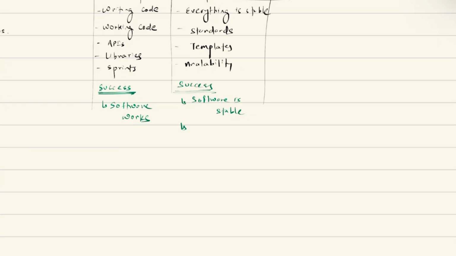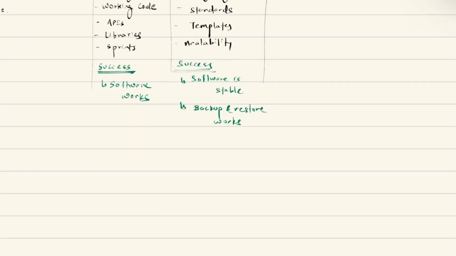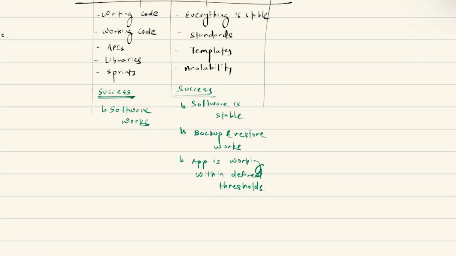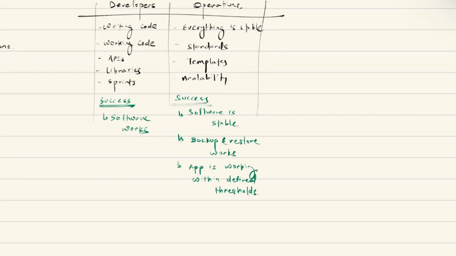The success for them is that the backup and restore facility, let's say, is working fine, and the application or the software is working within the defined thresholds, right?